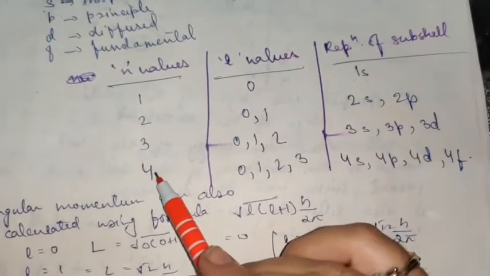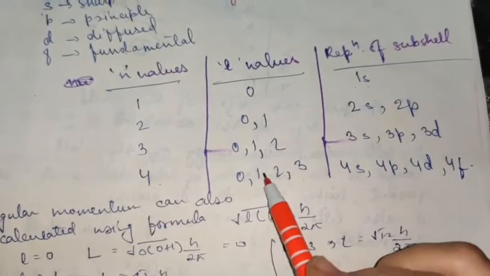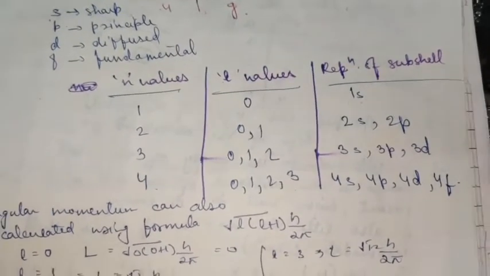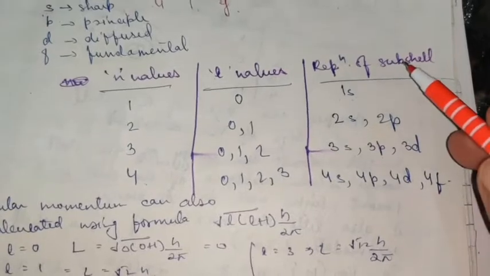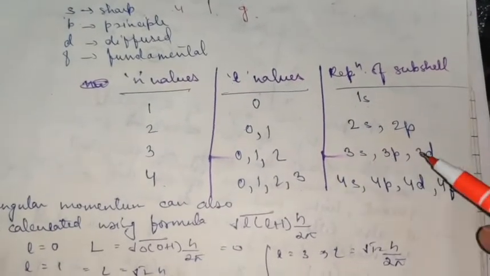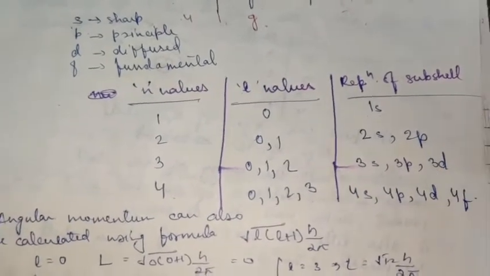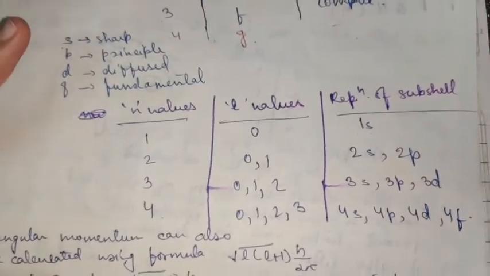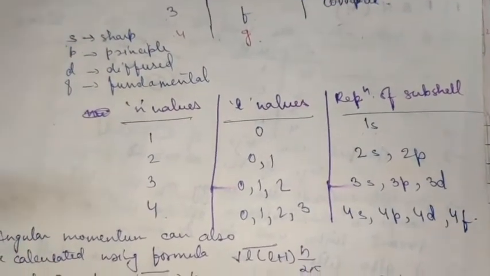And this will be 4S, 4P, 4D, 4F. So these are the representations of subshell along with the shell. Very, very important, children. You have to make it clear in your mind. We will be dealing with these in the rest of the chapters, so please make sure that it is clear to you.